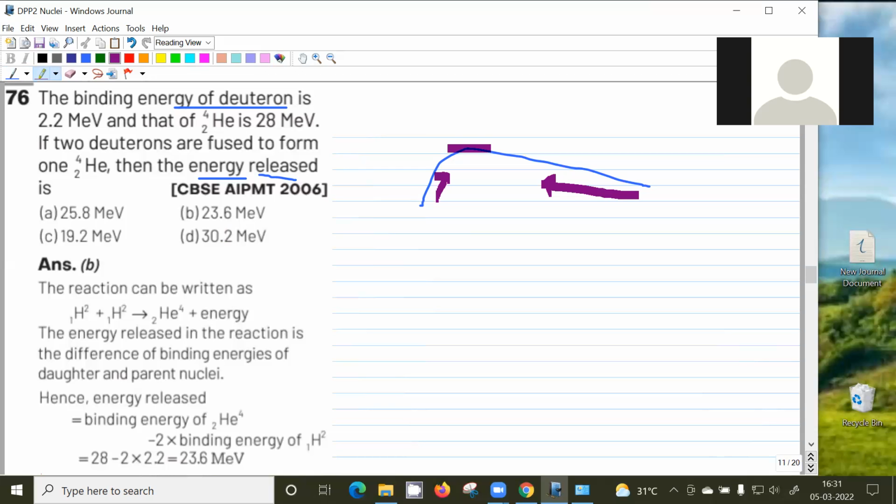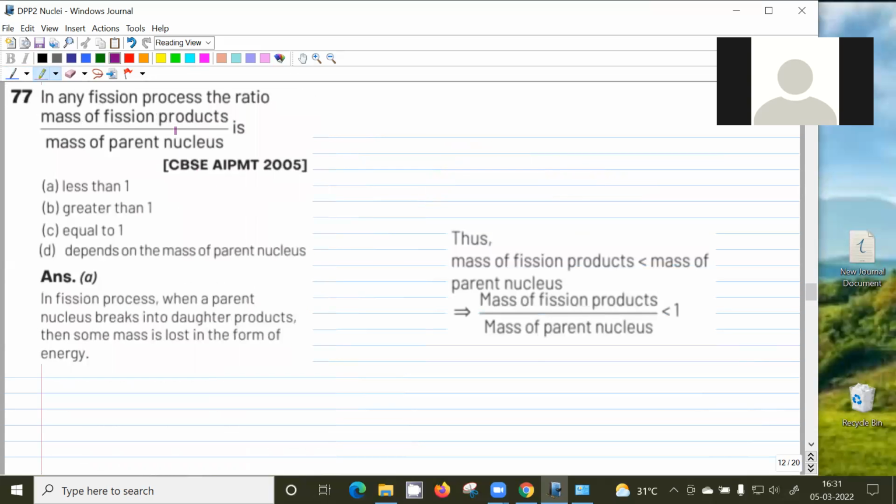Done. This one: in any fission process, the ratio of mass of fission products to mass of the parent nucleus. This is also a theoretical question. Is there loss of mass or gain of mass?